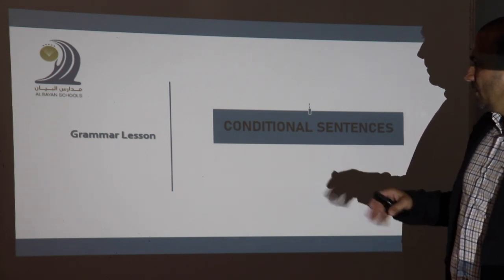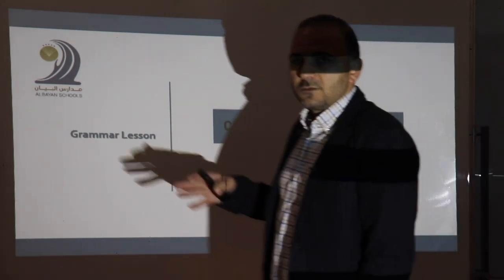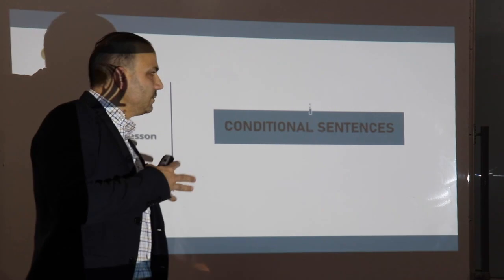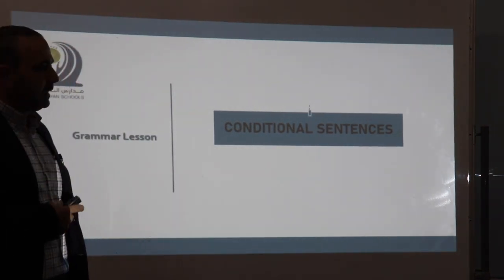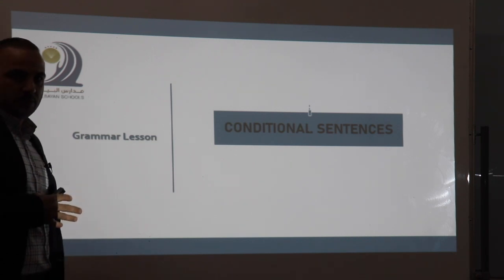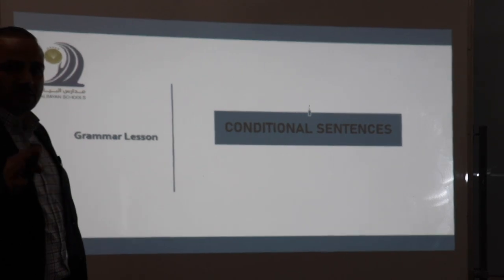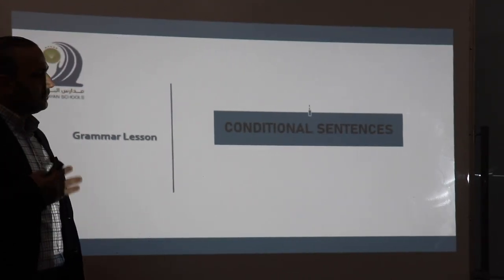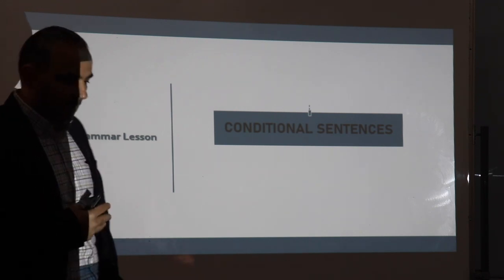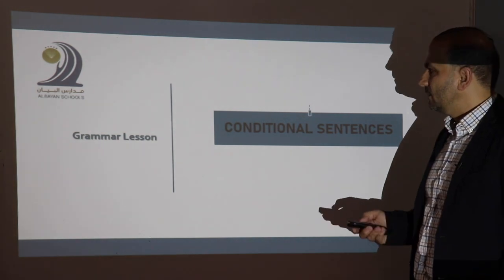Before we go to reported speech, we can use such a grammar lesson in direct and indirect speech, or reported speech. You studied that in grade 8 and we shared some examples about direct and indirect. So let's go for the conditional sentences from the beginning.